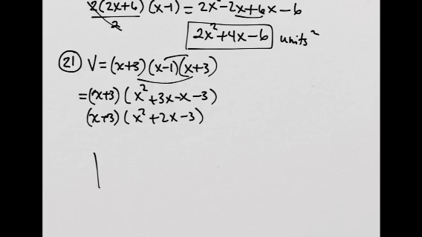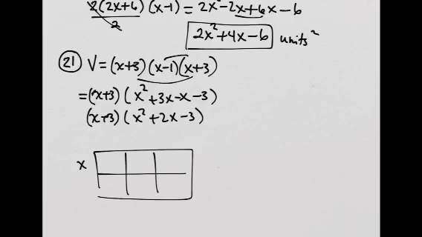And then if you want, just keep using distributive property, or place it in a little 2 by 3 grid like this. So you get x cubed, 2x squared, negative 3x because we're multiplying, 3x squared, 6x, and negative 9.